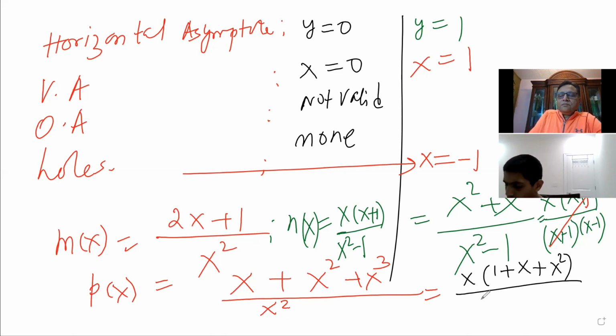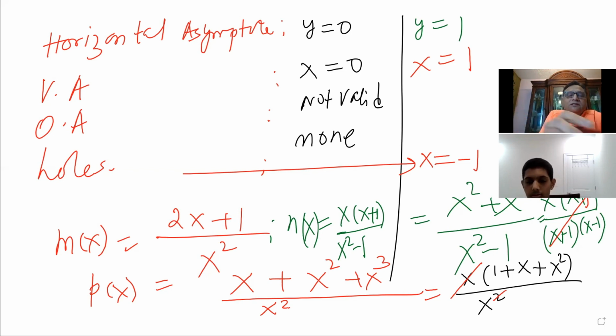The vertical asymptote, I think, is x equals 0. Now look here, a very interesting case. I take x common from the numerator, correct? Then what happens? Let me take it on a fresh page. So we have a function p of x, which is x plus x squared plus x cubed over x squared.